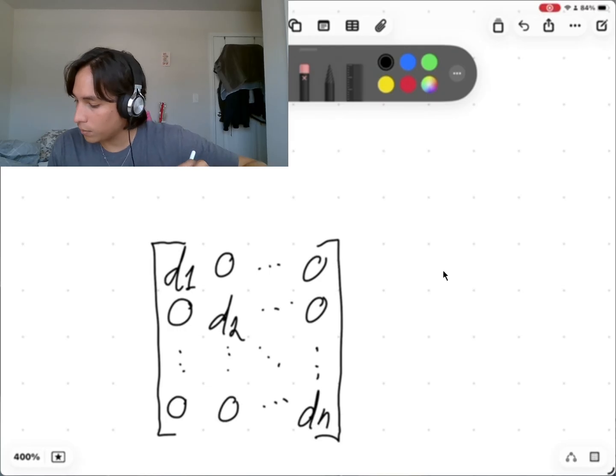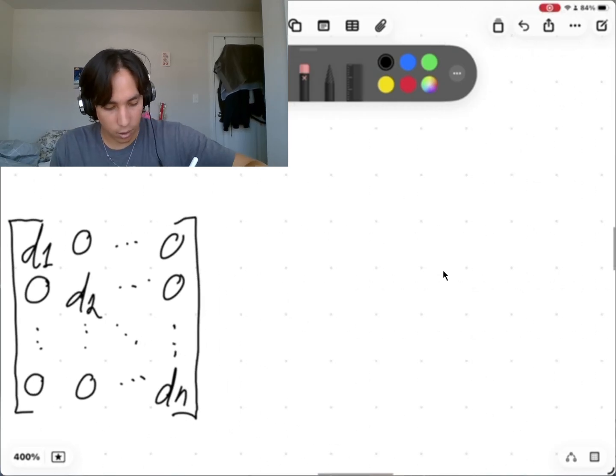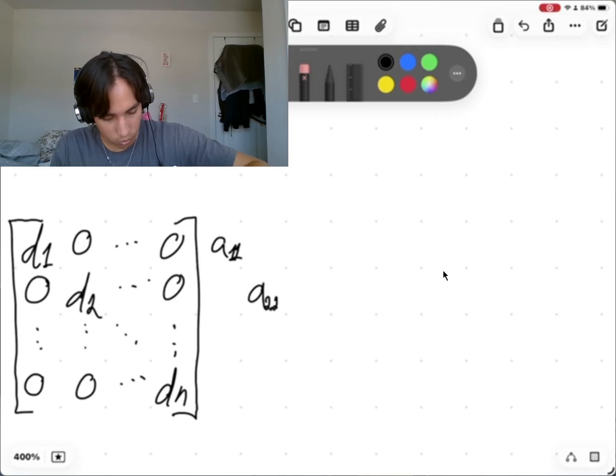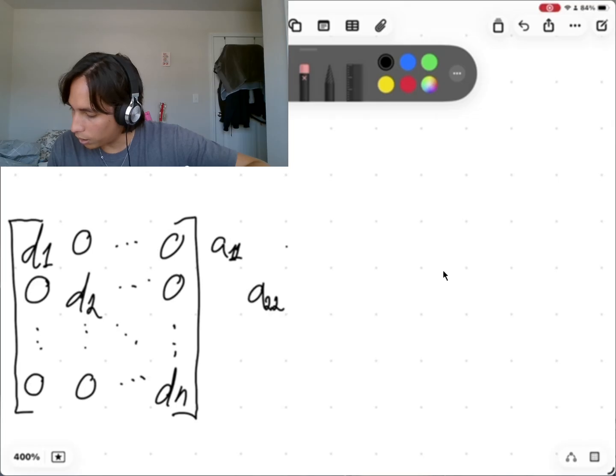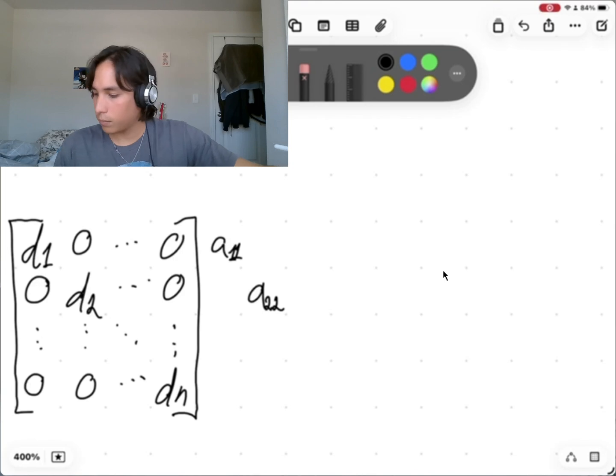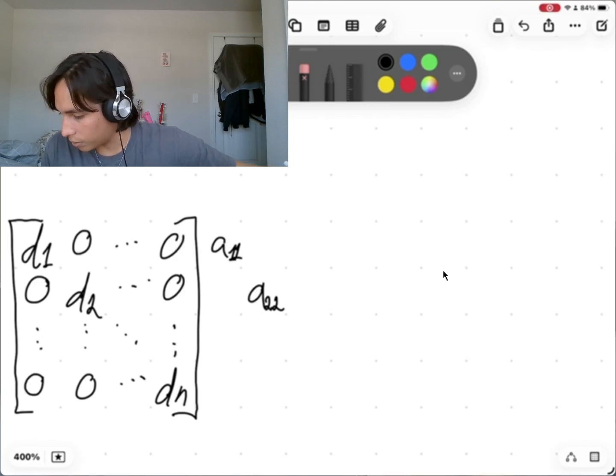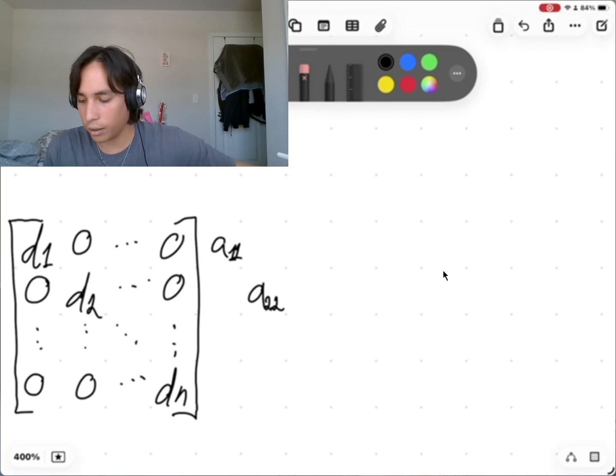That's our matrix. And let Aij be any n by n matrix. We're gonna have the same for A. Compute the products DA and AD. It's Aij, not Aii.